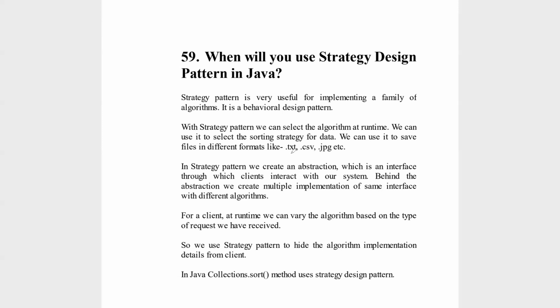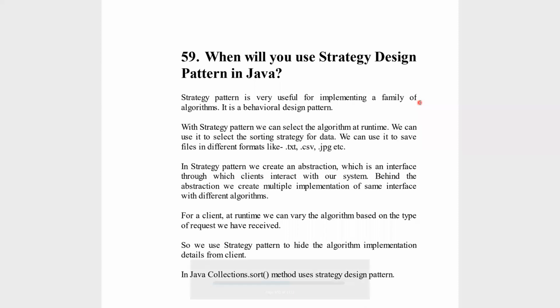Like the way we are doing it, save is an interface, and text, CSV, JPG are implementations of the interface. For the client, at runtime the algorithm depends on what particular thing we are asking for. It's a very good question and a very good answer here, so you don't need to do anything else. Similarly, Java's Collections.sort also uses the strategy design pattern.